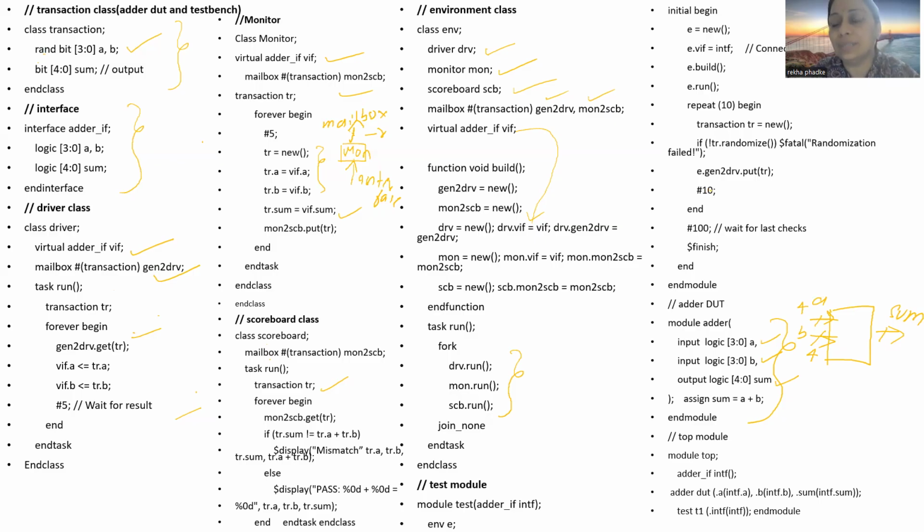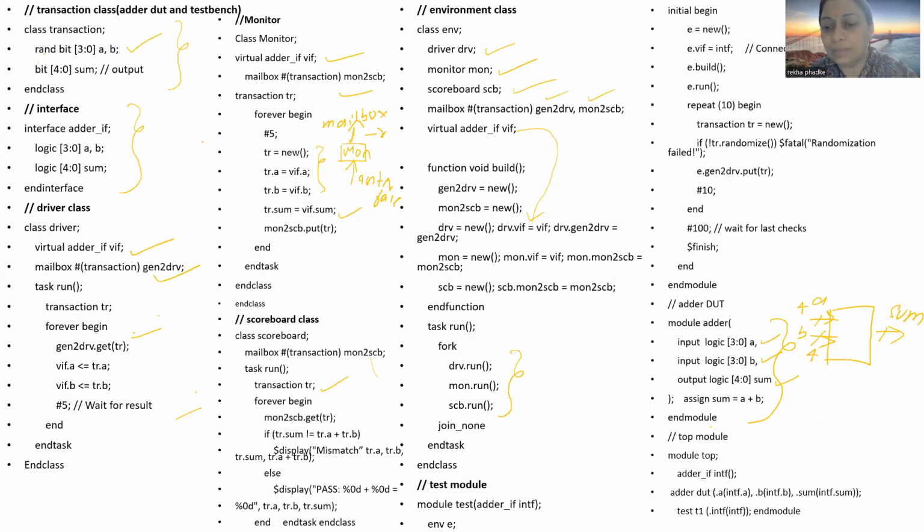It puts the result back onto the interface, and from that interface it goes to the monitor, and from the monitor to the scoreboard, wherein the scoreboard checks whether the DUT has done proper evaluation, right? If it has, it displays the answer as pass. Otherwise, it displays mismatch, which we have written inside the class scoreboard. So this is the DUT for that.